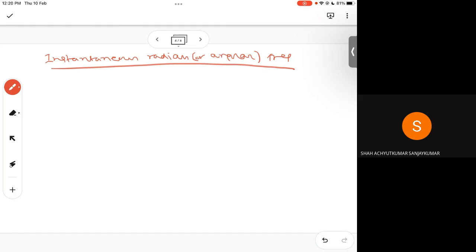It is given as omega_i(t) equal to d theta(t) by dt. That is how frequency and phase are related to one another. Or I could write this as d by dt of omega_c t plus phi(t).